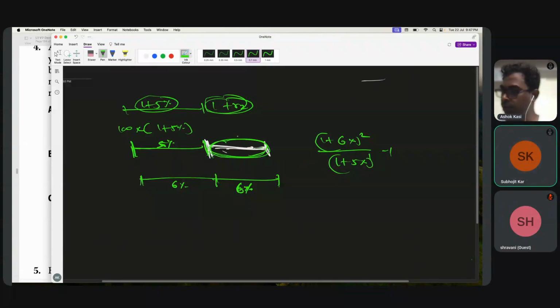Okay. So this will come to 105. Now further, if it goes to 7.009%, how much is it coming to?